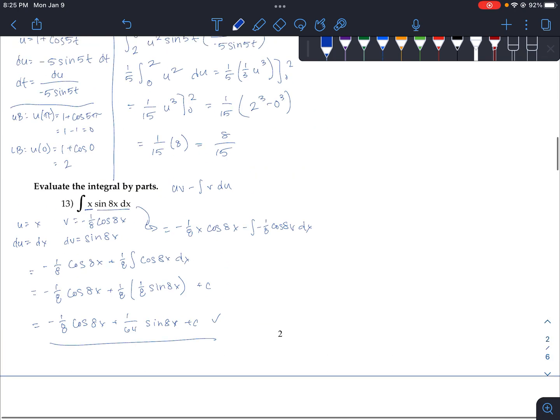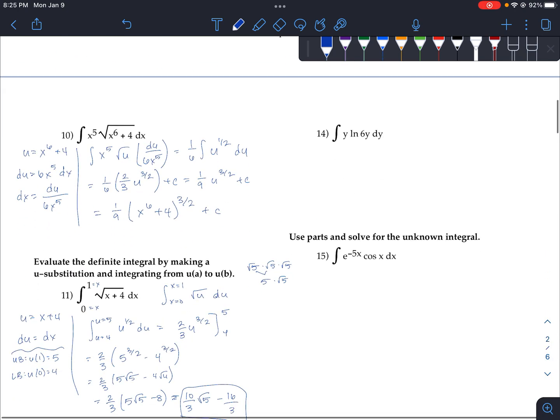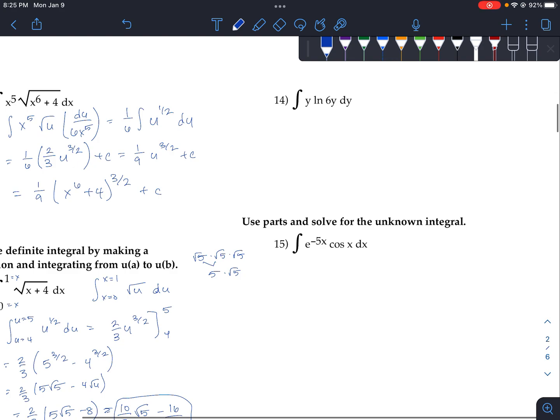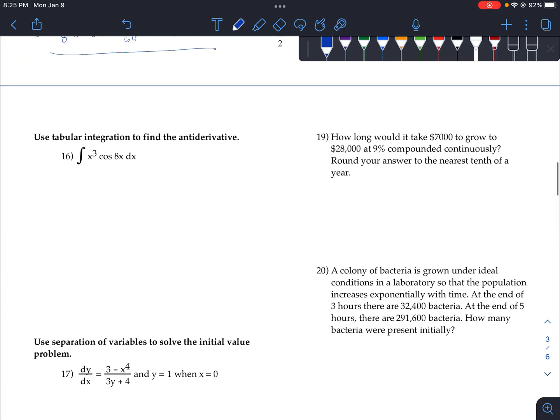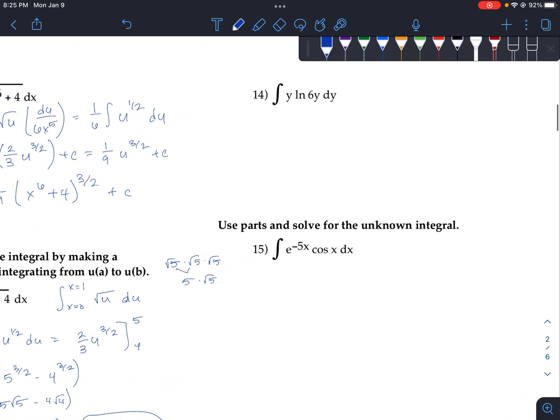Okay, going up here, again using parts. I wonder if I put any, yeah, I did, okay. In this case, it would be easier to make u the natural log of 6y because the antiderivative of the natural log of 6y is more complicated than the alternative.